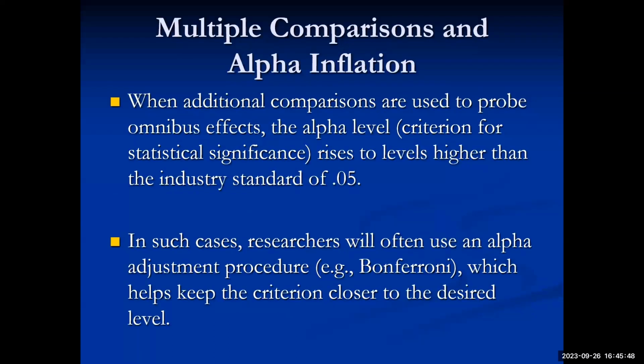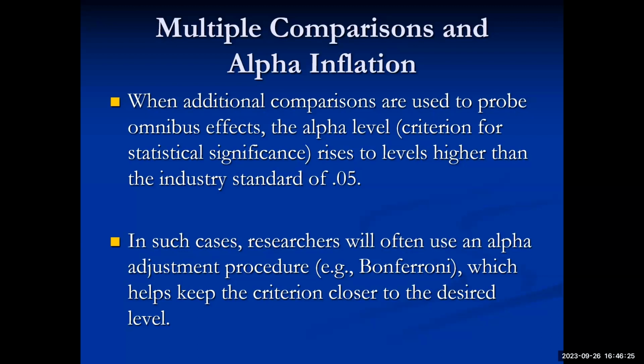Now, an issue that arises when we follow up an omnibus test of significance with some additional comparisons is something referred to as alpha inflation. Sometimes you'll see the term alpha inflation, sometimes you'll see the term family-wise error rate inflation. The idea being, as we conduct additional analyses, our criterion for statistical significance rises above our industry standard of 0.05.